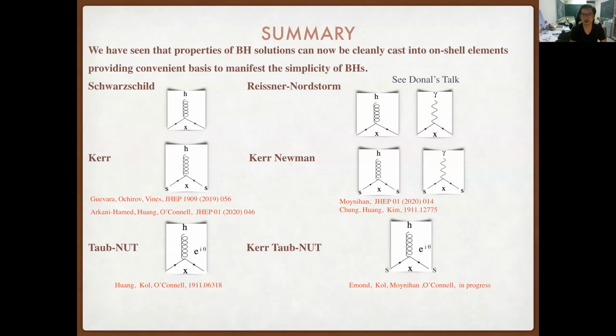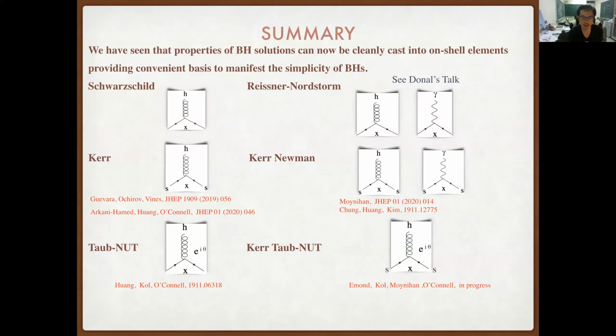Okay, so in this sense, we have, in some sense, a complete characterization of all possible black hole solutions in just the 3-point amplitude. So, for example, the Schwarzschild is just the X coupled to the gravitationally coupled X. Reissner-Nordstrom just means that it carries the electric charge, so there's X coupled to the photon as well.